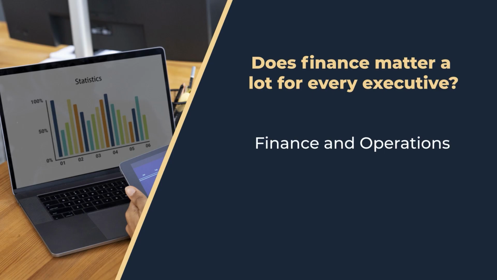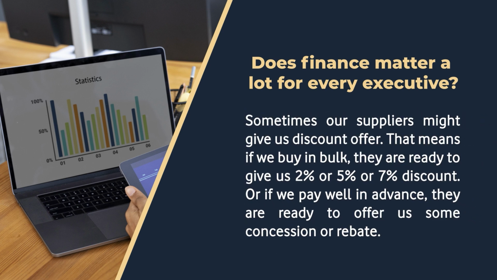Similarly is the operations. Under operations we have production, procurement and all that. So how much raw material has to be procured or semi-finished goods have to be procured, and even if it is a trading organization, how much we should procure. Sometimes our suppliers might give us discount offer. That means if we buy in bulk, they are ready to give us 2% or 5% or 7% discount.